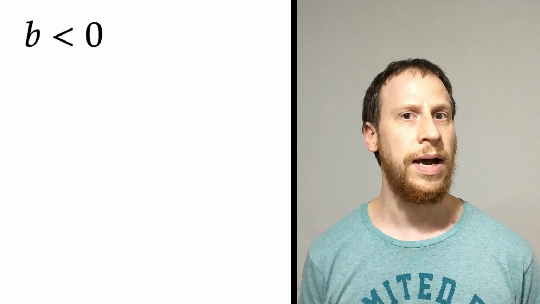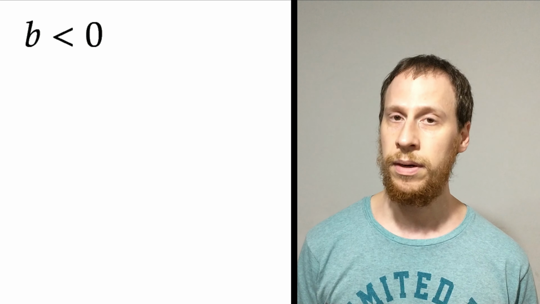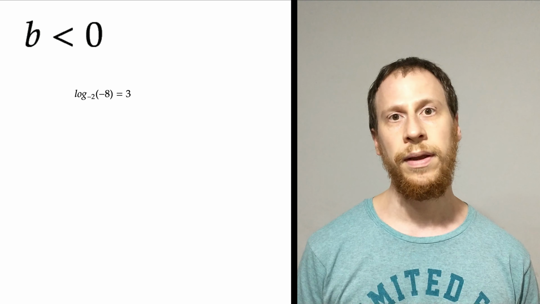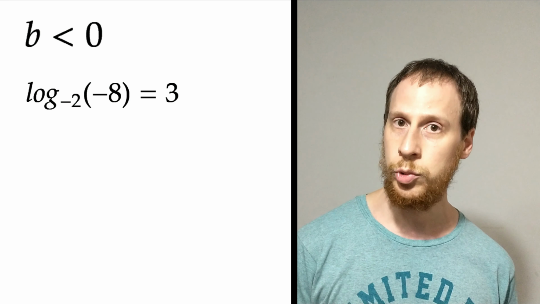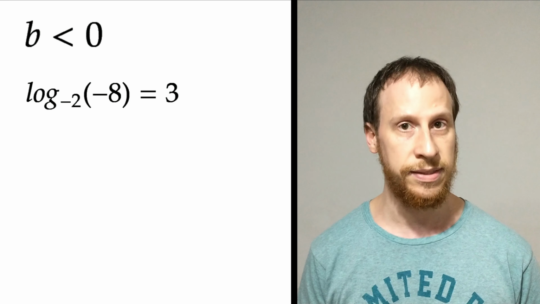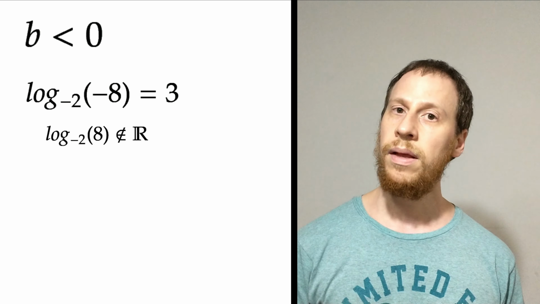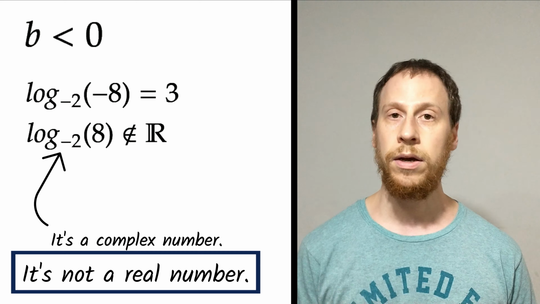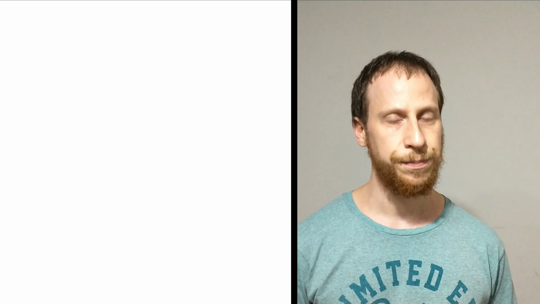Well, the truth is that b can be a negative number, but we have to be very careful because, for example, the logarithm base minus 2 of minus 8 exists as a real number, but the logarithm base minus 2 of 8 is not a real number, it's a complex number. So, in order for b to be a negative number, we will have to be working with complex numbers.